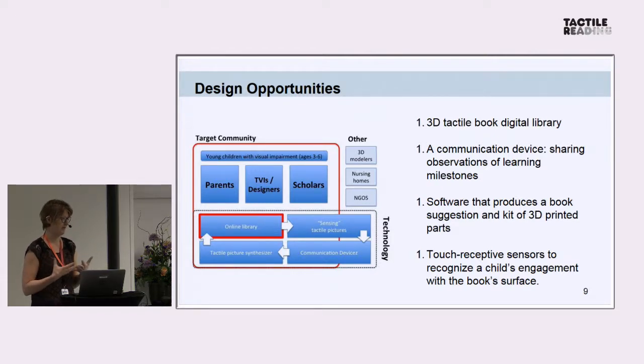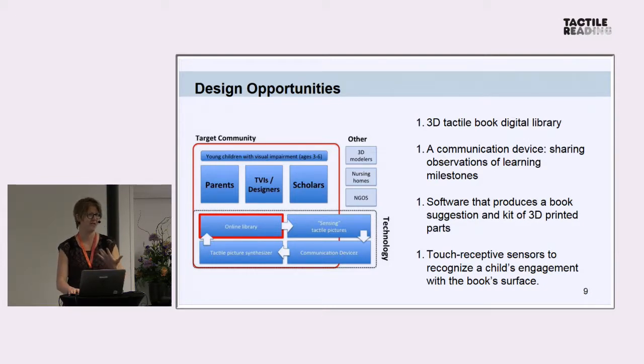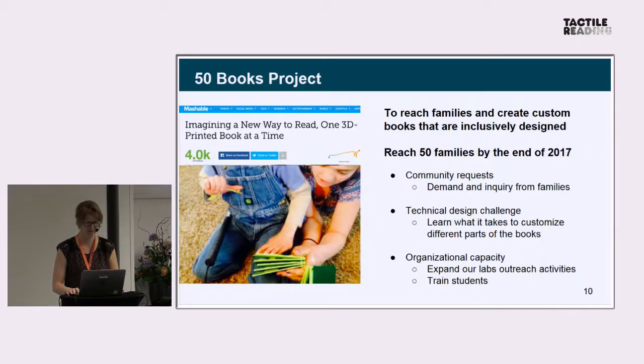As many of us have probably thought about, a 3D model library, specifically for STL files, stereolithography files for 3D printing, thinking about different communication devices so that teachers and parents can communicate their needs with designers, and how to think about embedding sensors into the models to complement the books with auditory features.